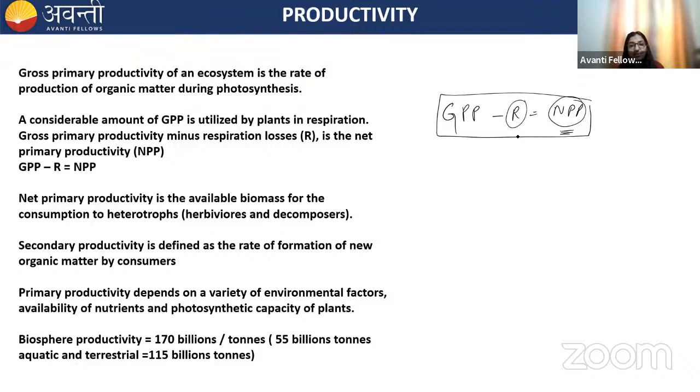R represents the respiration, the amount of biomass or the energy which is utilized by the plants for respiration or for the other metabolic activity. And GPP is the total. Yes, Logesh. R means respiratory losses.